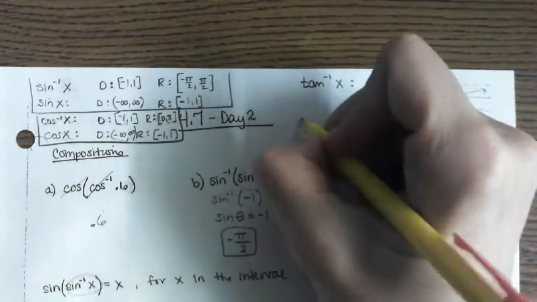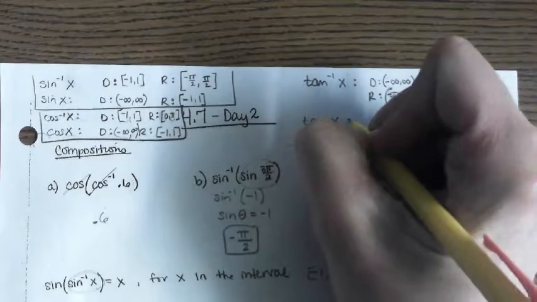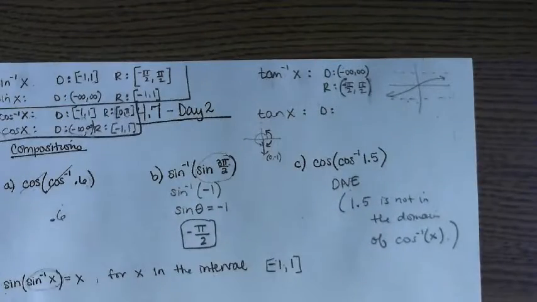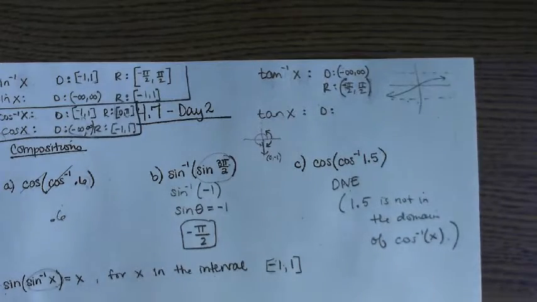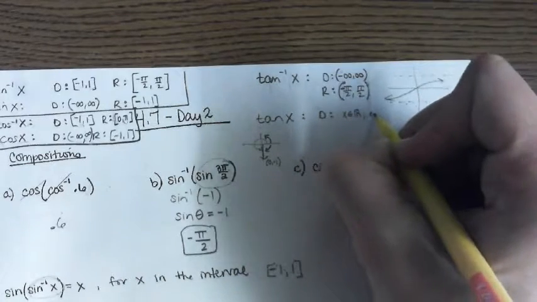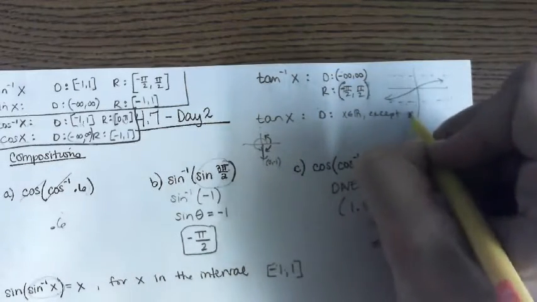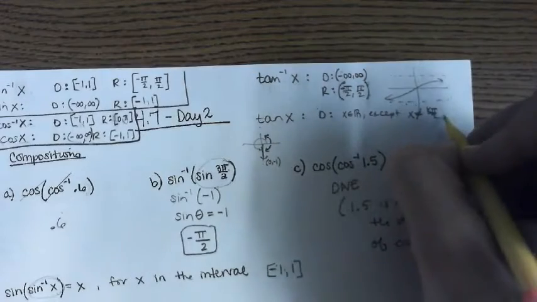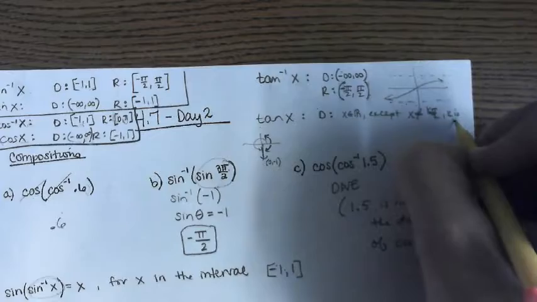And the regular tan graph has a domain of, this is kind of harder to write, obviously, but all real numbers except what? Odd pi's over 2. So let's do x can be any real number except x cannot equal k pi over 2, where k is odd.